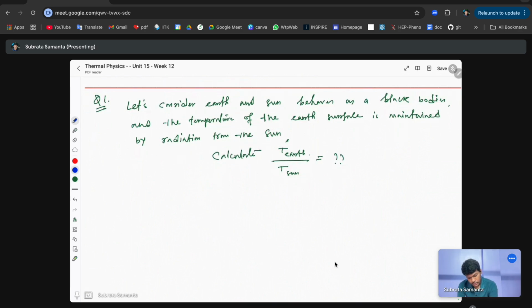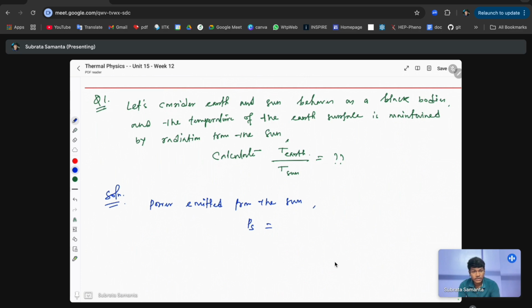So how do we calculate this ratio? We first calculate the power emitted from the sun, which is PS.